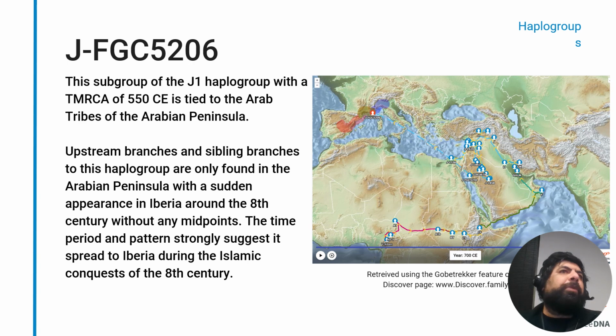And we have another example of the J1 haplogroup, and this one actually corresponds even to a more rapid movement.